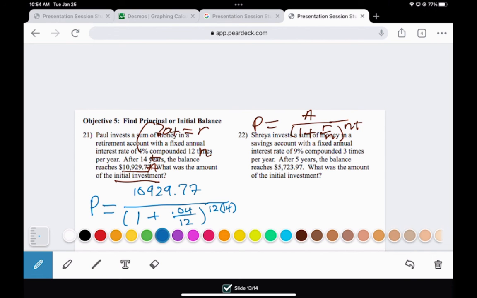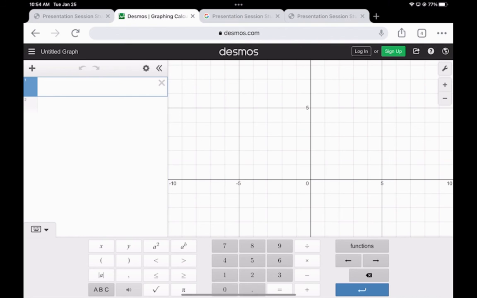So let's look at Desmos. I'm going to type it in. If you type into the website, go to Desmos and go to the graphing calculator. I think that's the best option for us. So type in 10,929.77.